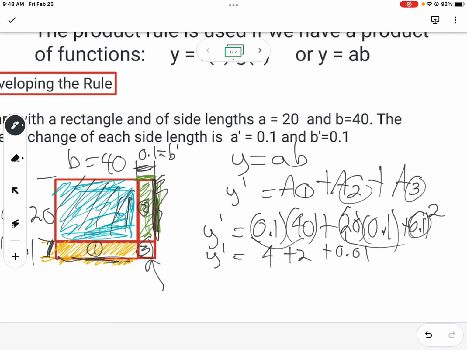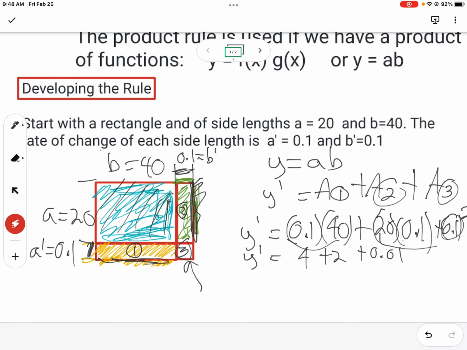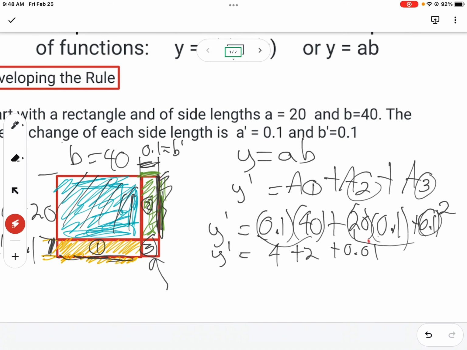Now, let's think about that for a second. What if we made this b prime and a prime really small, right? Infinitely small, just like we do in calculus. What then would the area of this be? Okay, it would be extremely small, right?